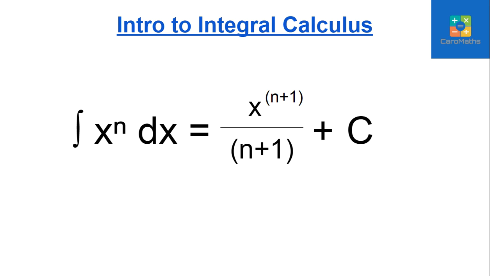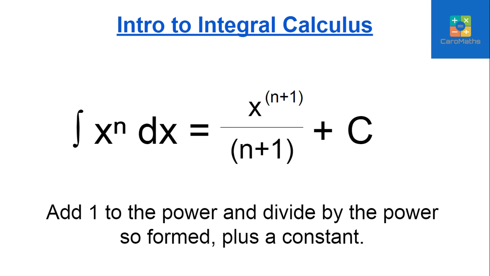And my maths tutor, when I was studying A-levels, he gave us a very good way to remember how to do integration, and I actually remember it to this day many years later. So I want to share it with you, and hopefully it'll just stick in the back of your mind. So what he told us is to do integration, you add 1 to the power and divide by the power so formed, and then you add your constant.